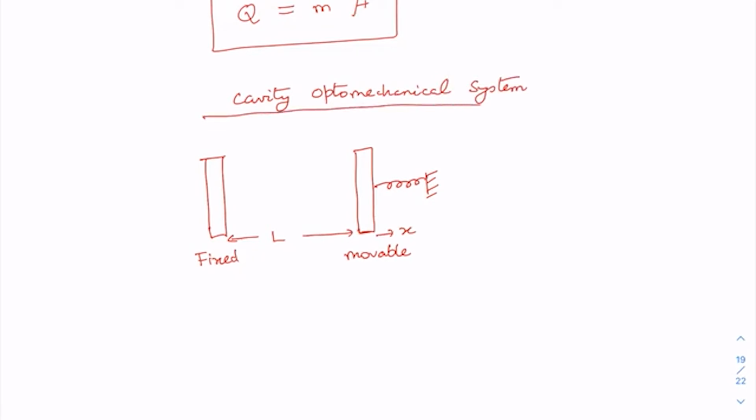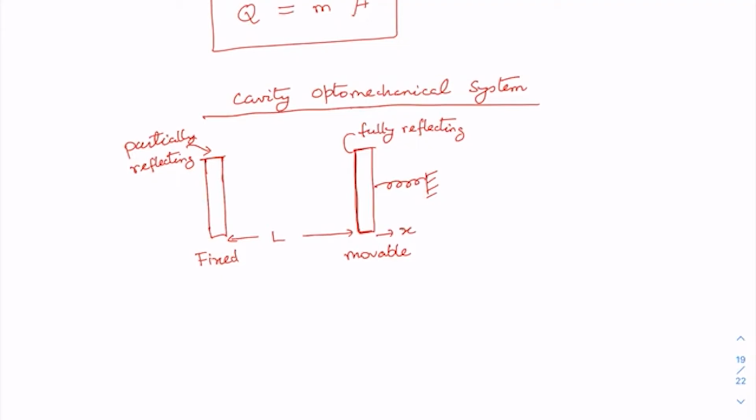This is a prototype. One of the mirrors, let us say this one, is fully reflecting, and this particular mirror is partially reflecting, or transmitting, so that light can enter into the cavity.